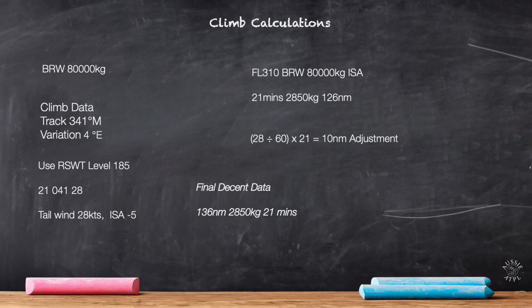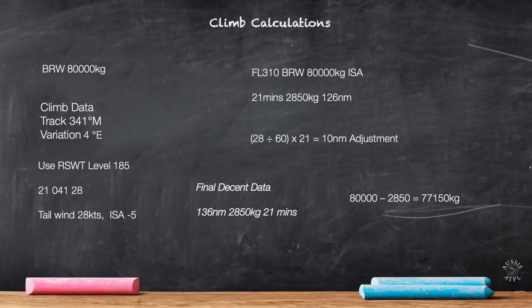So if we increase the distance by 10 nautical miles as it's a tailwind, we get a final climb of 136 nautical miles, 2,850 kilos, and it will take us 21 minutes to get there.